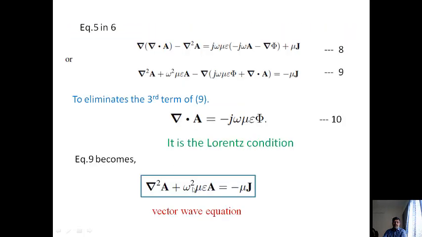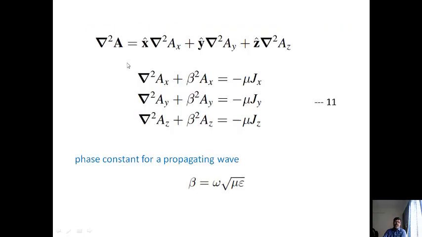Now, the vector wave equation is a vector equation, therefore it has 3 components. For example, in the Cartesian coordinate system, we can write the wave equation as del square A equals the x component of A, that is Ax x cap, and y component of A, Ay y cap, and z component of A, Az z cap.